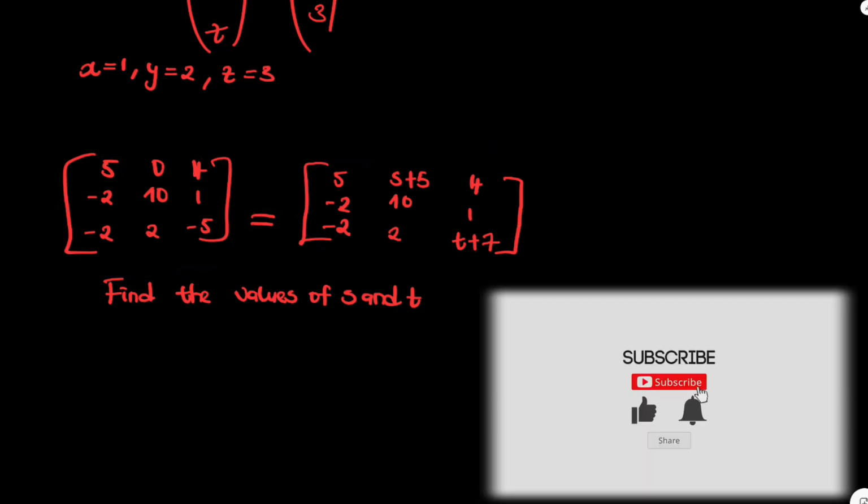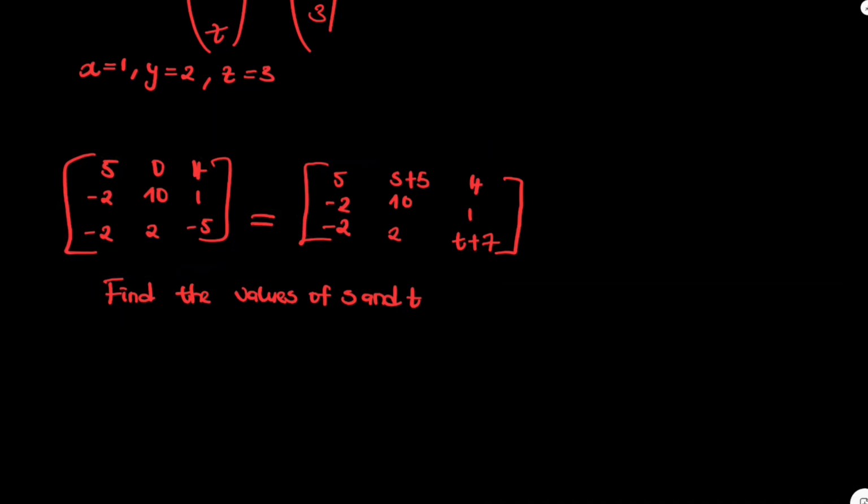That therefore means their corresponding entries should be the same. If these matrices are equal, 5 is the same as 5, yes. 0 should be the same as s plus 5. 4 should be equal to 4.